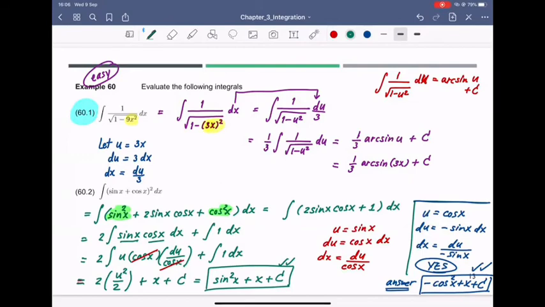So don't freak out, thinking, hey Ajahn, my answer is not the same as my friend's. It is possible that both of you are correct, but it's just a different form because you have an arbitrary constant. Does it make sense?